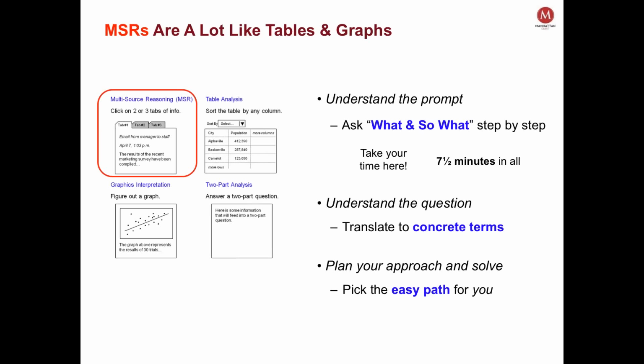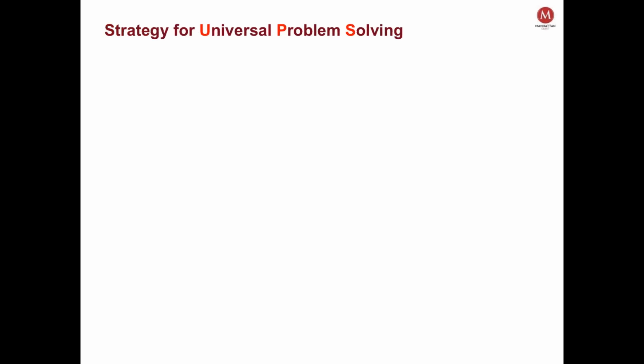Then you can plan your approach and solve. You want to take a few moments to think about what's going to be an easy approach. The IR section rewards the strategic test taker. There's nothing here that you could have memorized. There's nothing that you'll jump at instantly. So you do want to take your time thinking and being strategic.